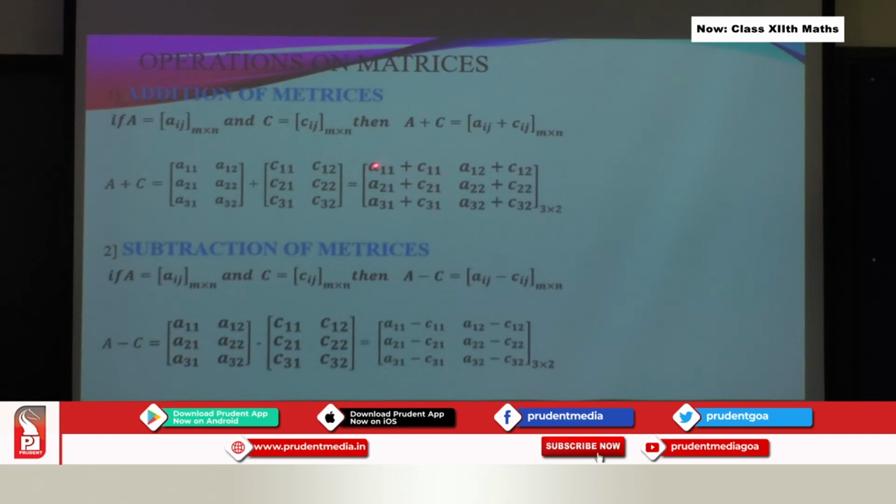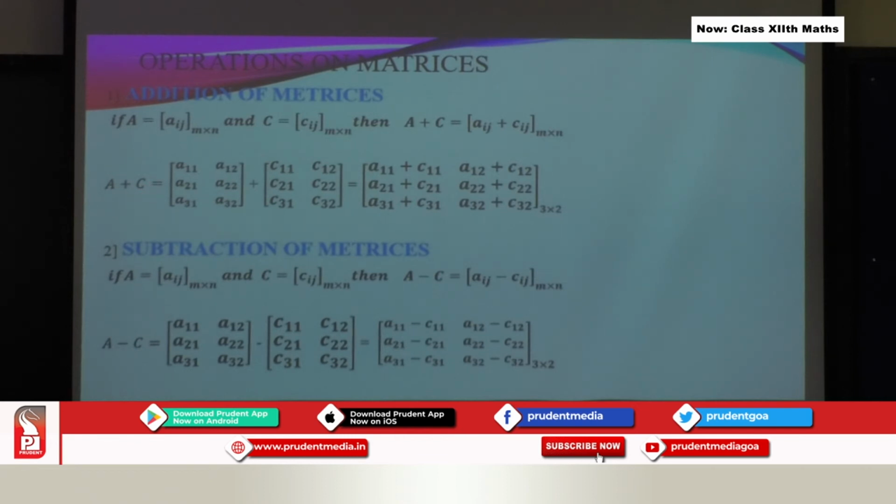So this is my entry at the A11 position. Let's proceed further for the second. This position is A12, and what answer are we getting? A12 plus C12. In a similar way, we add all the corresponding entries to get our final output of A plus C.